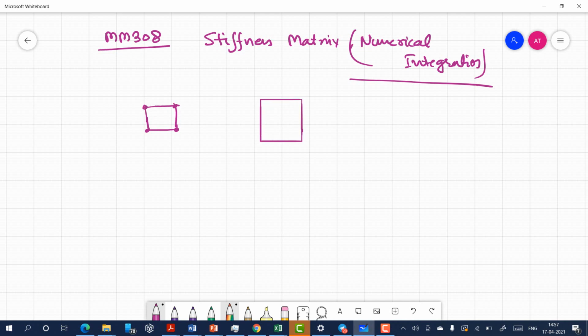Now you can do it for an element which has, let's say, 3 nodes in the bottom and only 2 nodes there. For this one you can try with the Lagrangian formulation. You can try to find the shape functions N1, N2, N3, N4 and N5. So you should be in practice.